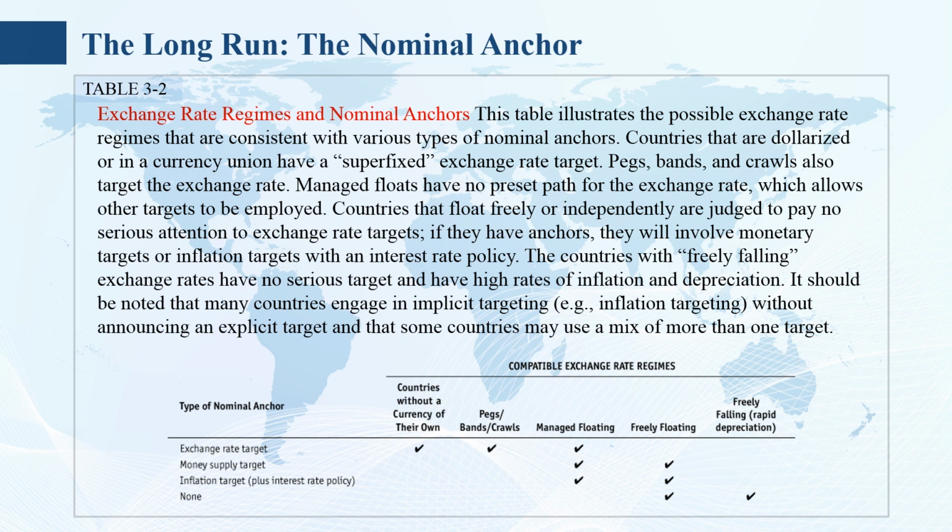The countries with freely falling exchange rates have no serious target and have a high rate of inflation and depreciation. It should be noted that many countries engage in implicit targeting, for example, inflation targeting without announcing an explicit target, and that some countries may use a mix of more than one target.